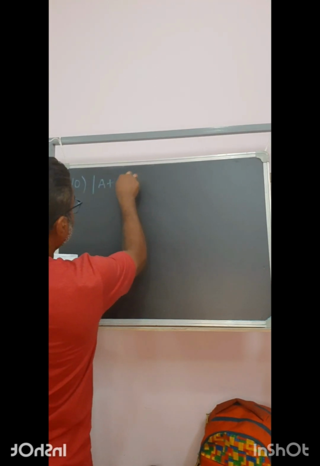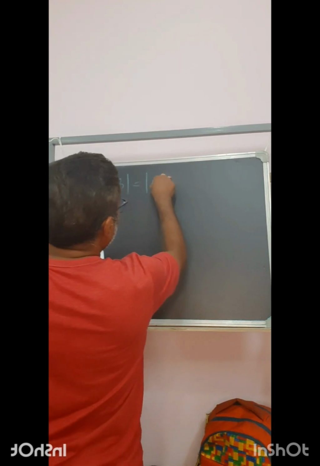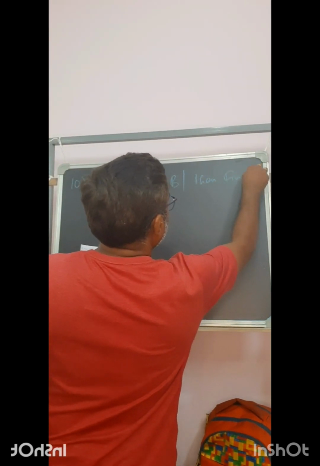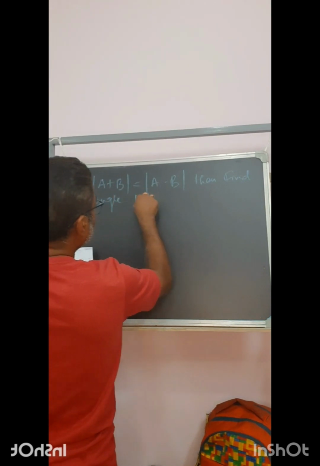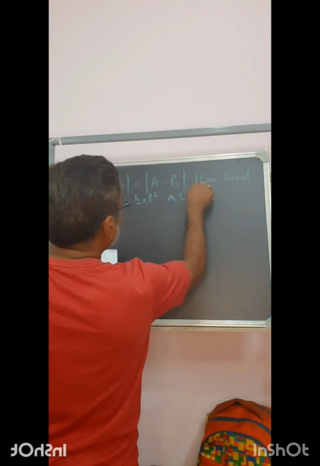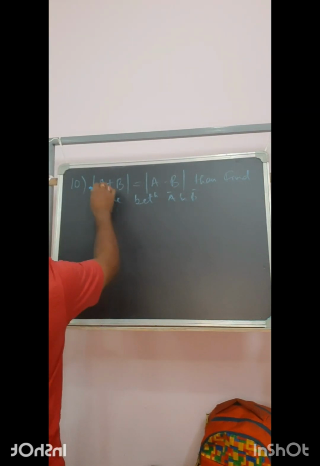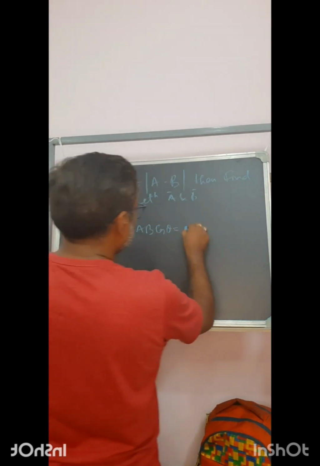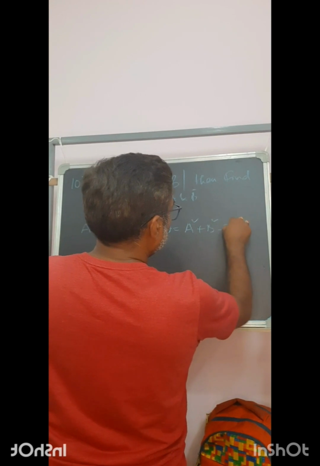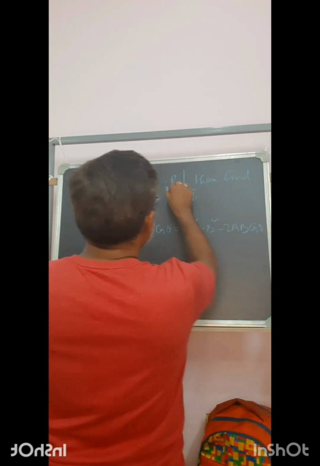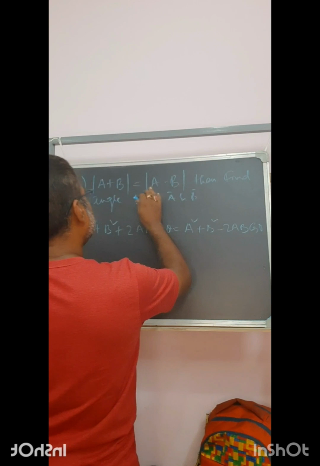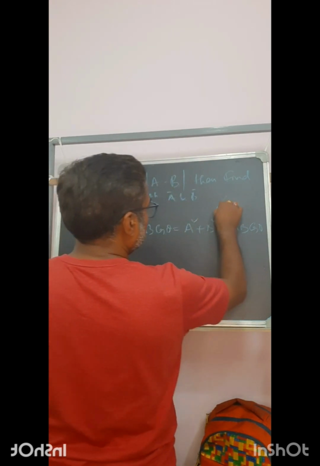A plus B is equal to A minus B. Then find the angle between A and B. So as per the formula, if I take the root on both sides and write the expression on both sides, it will basically be 2AB, and theta will be the same, because A and B are the two distinct vectors, and the angle between the vectors has to be the same in both cases.